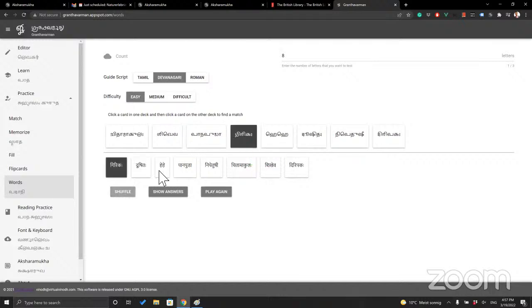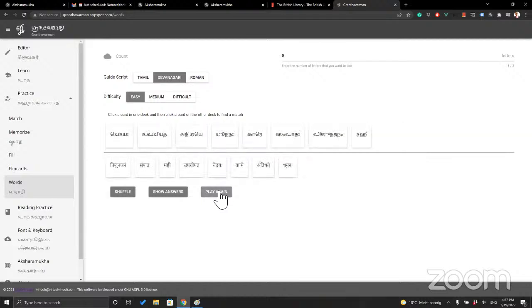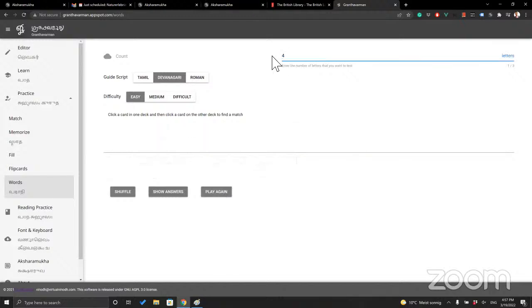I have hey, and I want to find the matching word here, hey, right? And I have the word dushitaha, and that is dushitaha, right? So if you click again, it will give you a new set of words that you can practice. If you think 8 is too much, you can change number here. It gives 4 words, so we can start slowly, right?